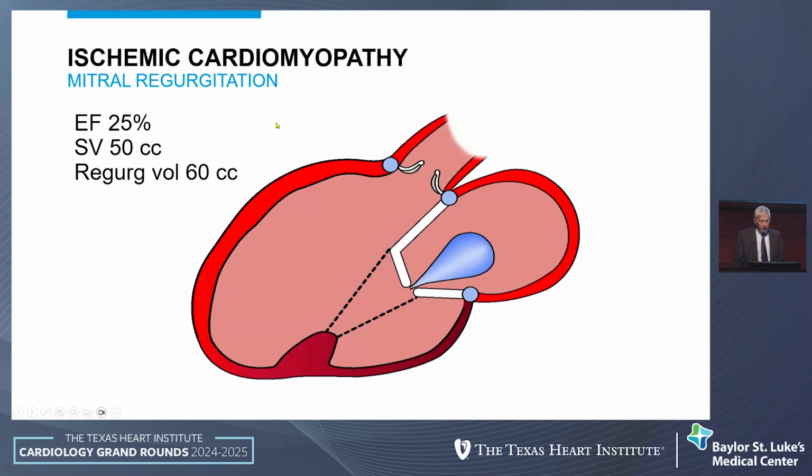And if you have a regurgitant volume of 60 and a forward stroke volume of 50 because they're still alive, that means you have a total stroke volume of 110. And if you have a total stroke volume of 110, that means you must have an end diastolic volume of 440 cc's. Well, think about that. That means that the heart is out to here.